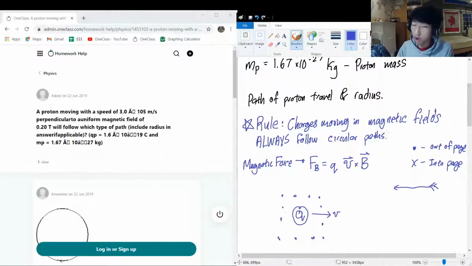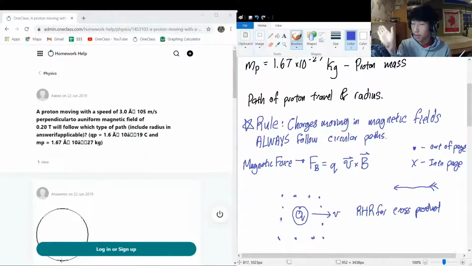So if we want to do the cross product here, we want to follow the right hand rule for cross product. Essentially, our index finger is going to go towards the velocity, the first thing that we're cross producting.